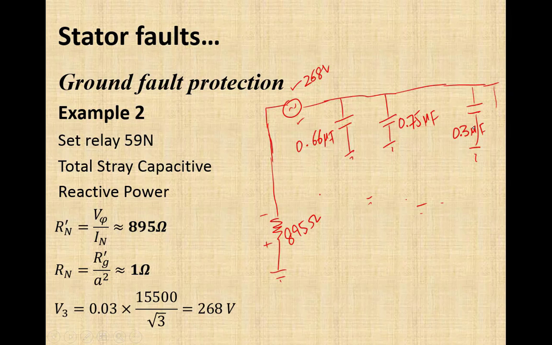Okay, now if I combine these capacitances together and combine with this 895 ohm resistance, the net equivalent circuit will be something like this. We have a 3-phase voltage source in series with the net capacitance of all the three, plus this grounding neutral resistance, that is 895.